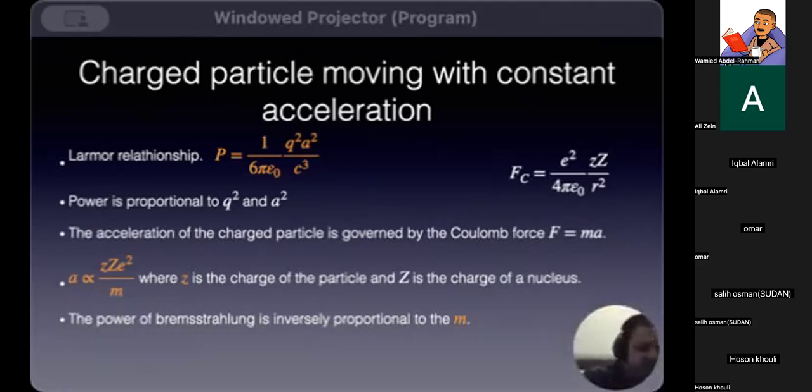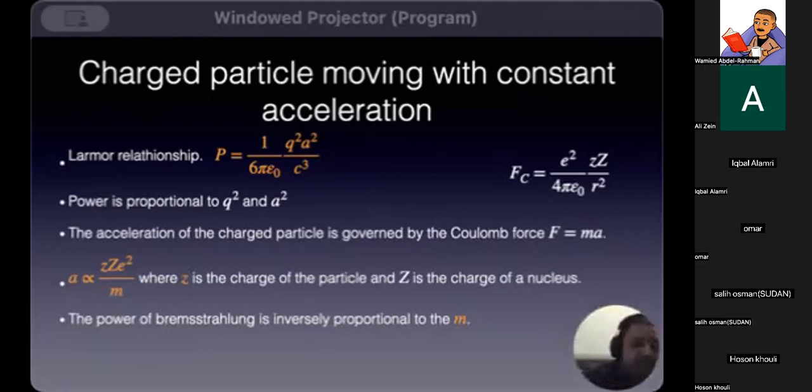So if we have an electron, this Z is going to equal 1. And if, for example, the medium is tungsten, then Z is equal to 74. And M is basically the mass of the electron.